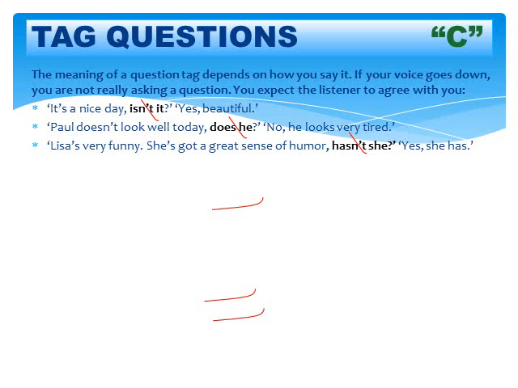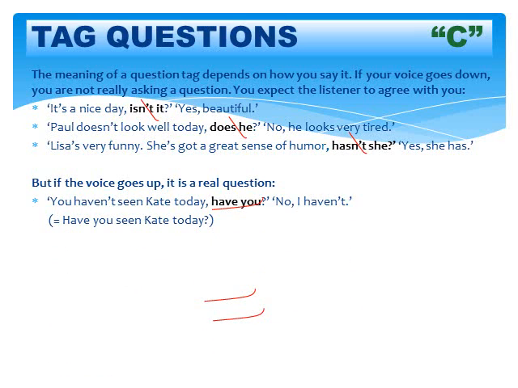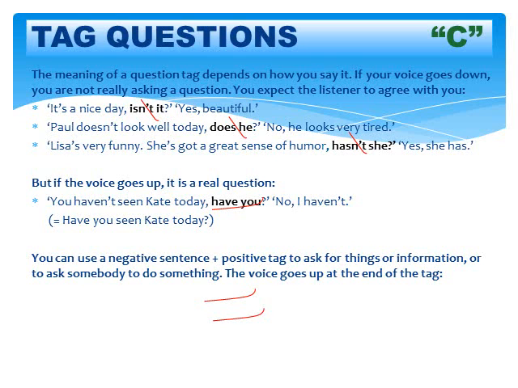In those three examples, I'm expecting the listener to agree with me or with my tag question. But if the voice goes up, it's a real question. That means: you haven't seen Kate today, have you? No, I haven't. It's like, have you seen Kate today? No, I haven't. Similar, right?